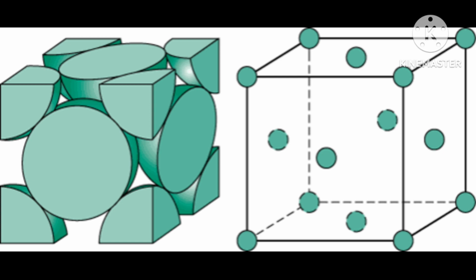I told you 1000, 10,000, but you don't know exactly how many atoms are present in one cube. Z you can consider. Z atoms are present. Then Z into small m, where small m is the mass of one atom. Then capital M, molar mass, is equal to Z into m.